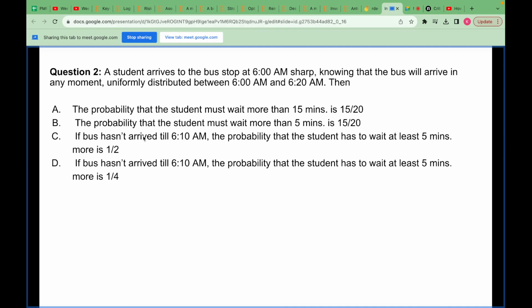Now it is given that if the bus has not arrived till 6:10 a.m., the probability that the student has to wait at least 5 minutes more is 1 by 2.